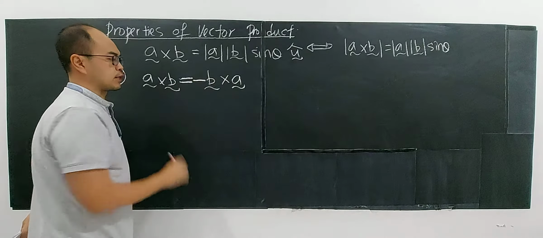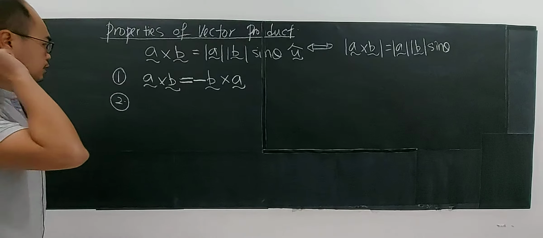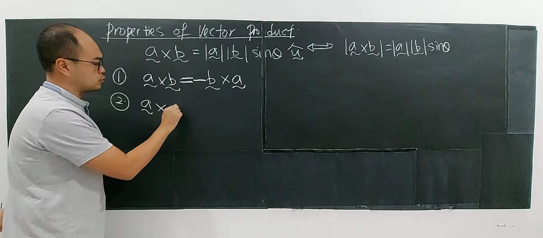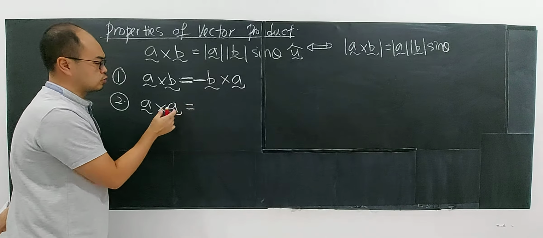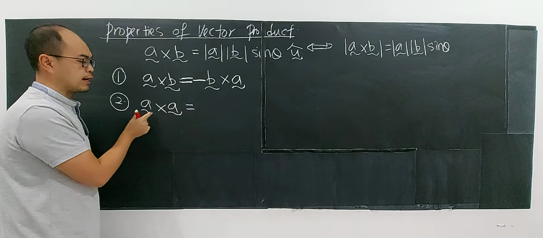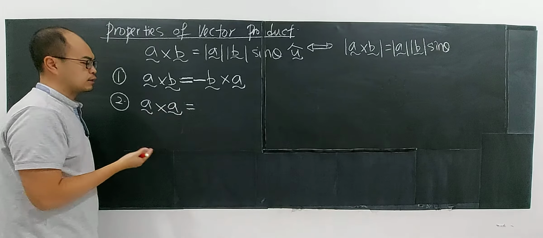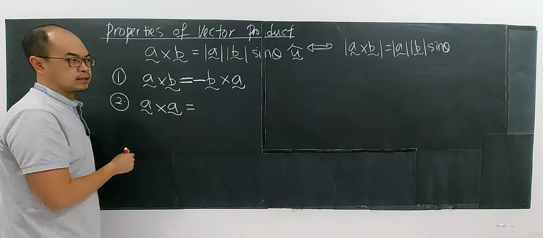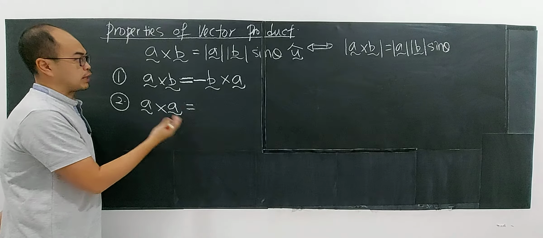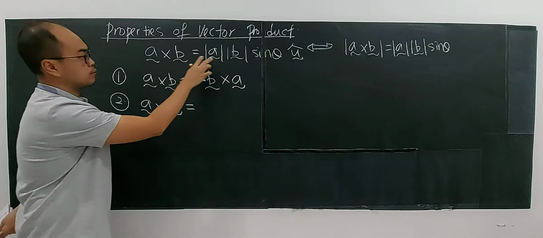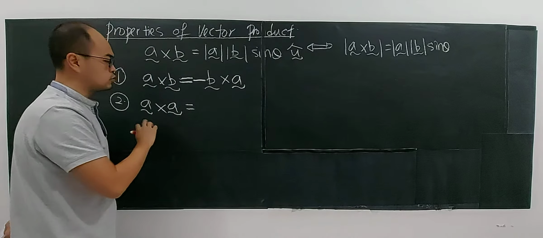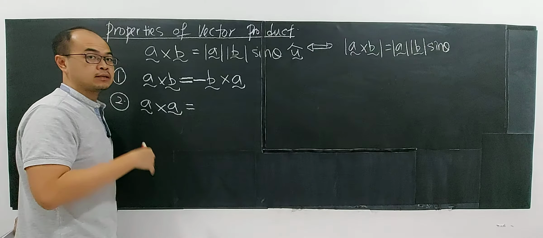Next, there are some properties that you must know. For example, if I take A cross A, vector A and vector A are two identical vectors, so they are also parallel and equal. So A cross A is magnitude of A, magnitude of A, sine 0, because the angle between these two vectors is 0, as they are parallel and in the same direction.